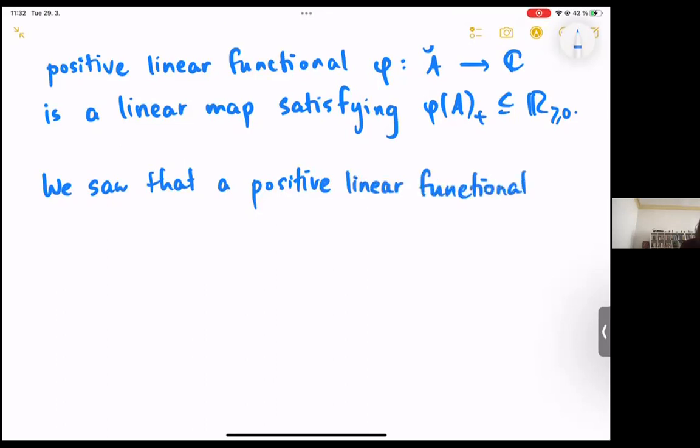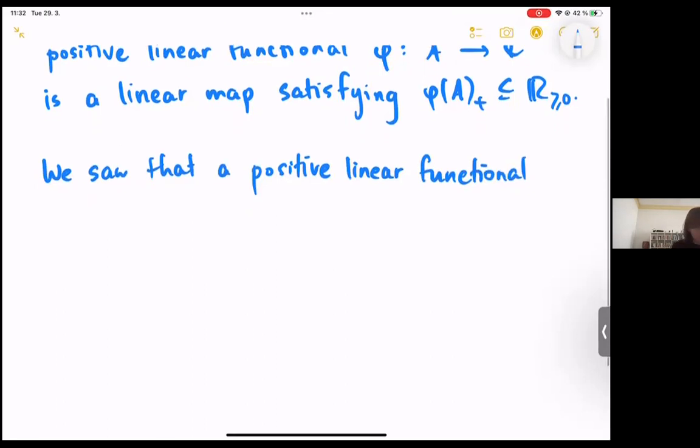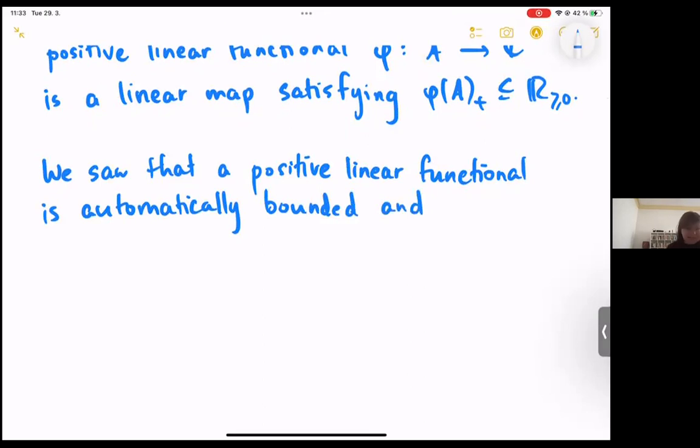And so positivity is enough, again, like we saw for star homomorphisms, to guarantee continuity. And also, it satisfies this Cauchy-Schwarz inequality, which will come in useful later on today.